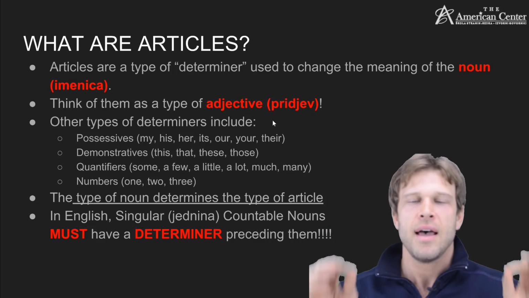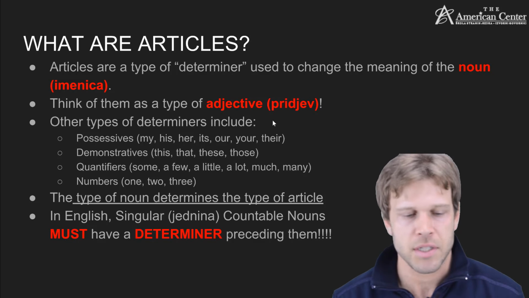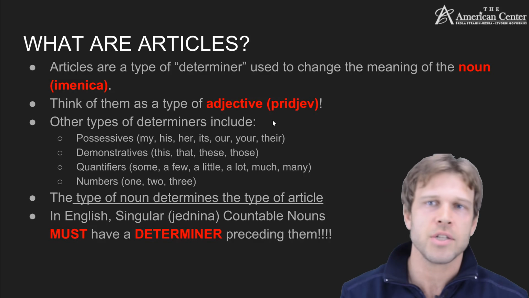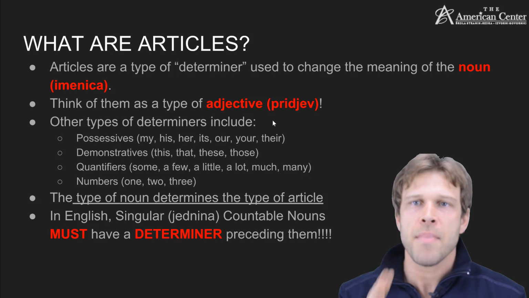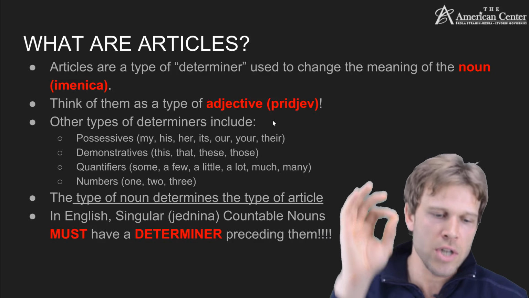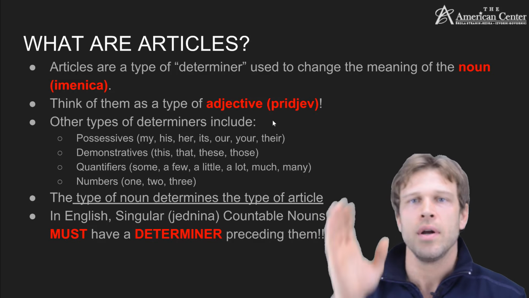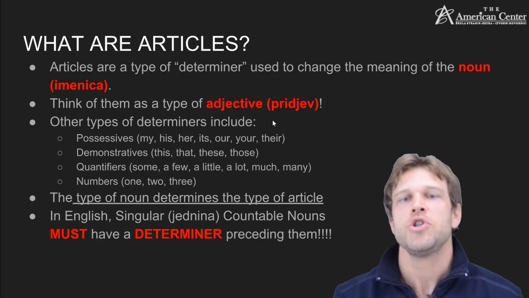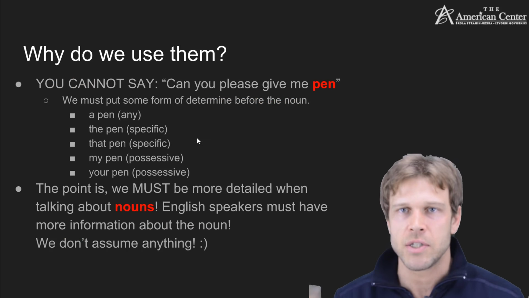Must have some determiner in front of it. It doesn't matter if you use a possessive adjective, a demonstrative, a quantifier, a number. It does not matter. You have to put something in front of the singular countable noun.